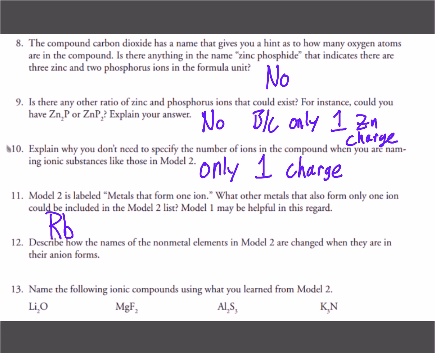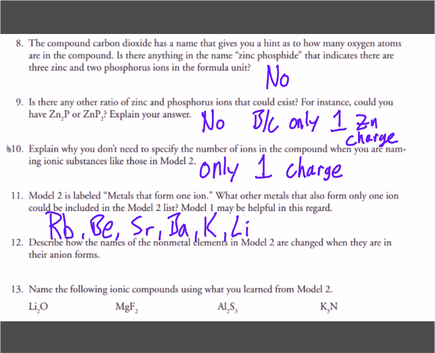Metals. Beryllium. What else for Model 1? Strontium. What else? Barium. What else? Right, you guys get the idea, right? Any of those other ones from the left-hand side in those first 2 columns, they will be in there. Aluminum will be in there as well, the ones that have one charge.